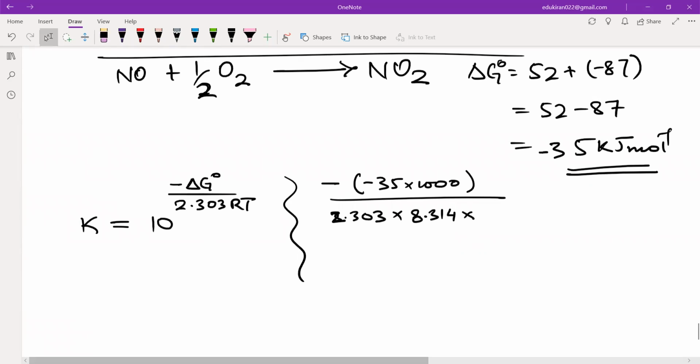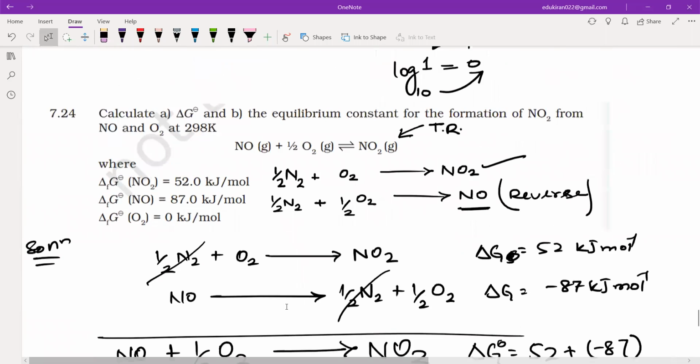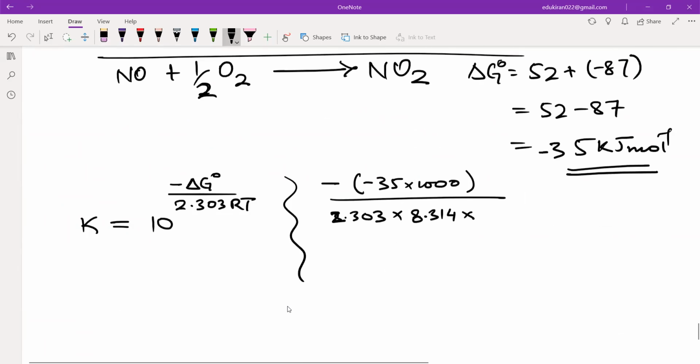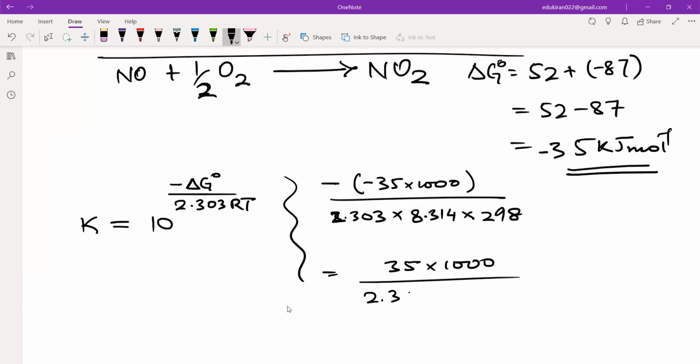What is the temperature given here? Temperature they have given is 298. So we'll get this as 35 into 1000 divided by 2.303 into 8.314 into 298.